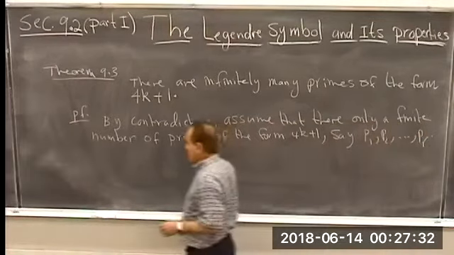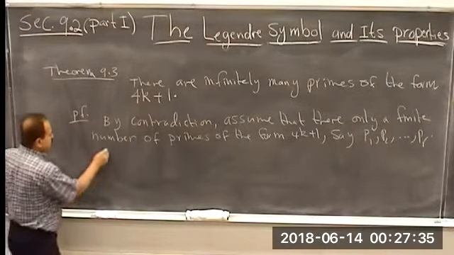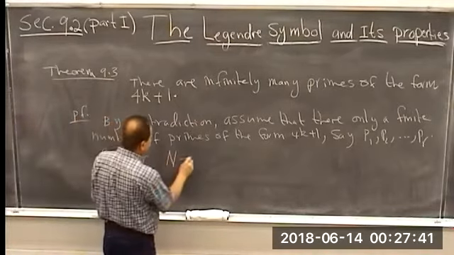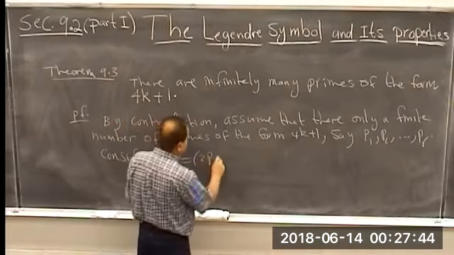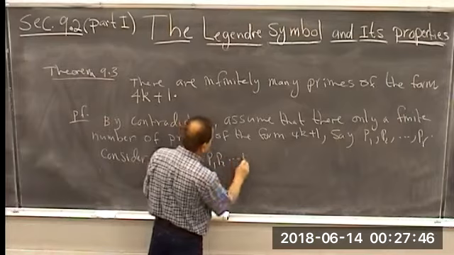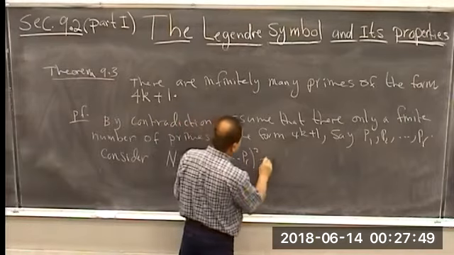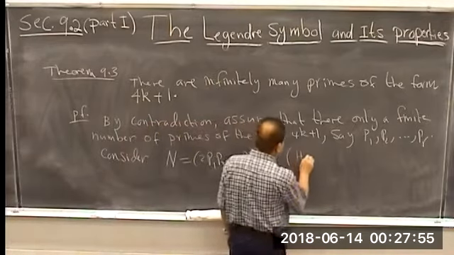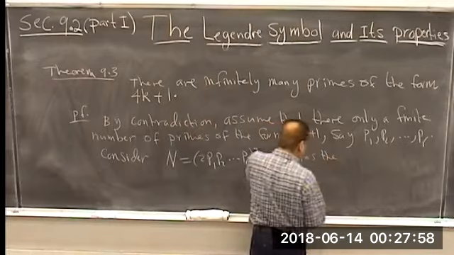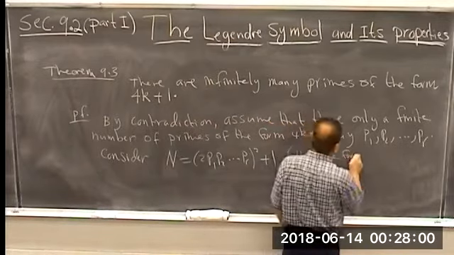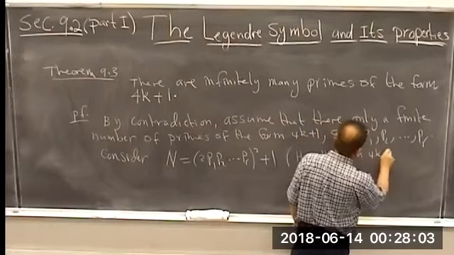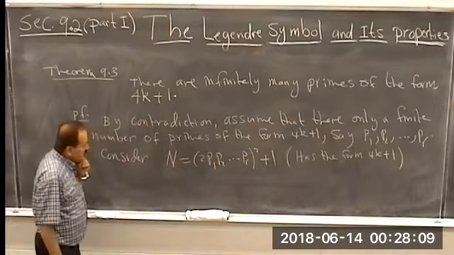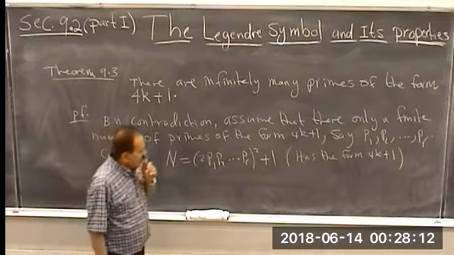Then we're going to consider an integer n, which is equal to (p1 p2 up to p sub r) squared plus 1. We don't need this, but it has the same form, 4k plus 1, where k is the square of the product of these primes.